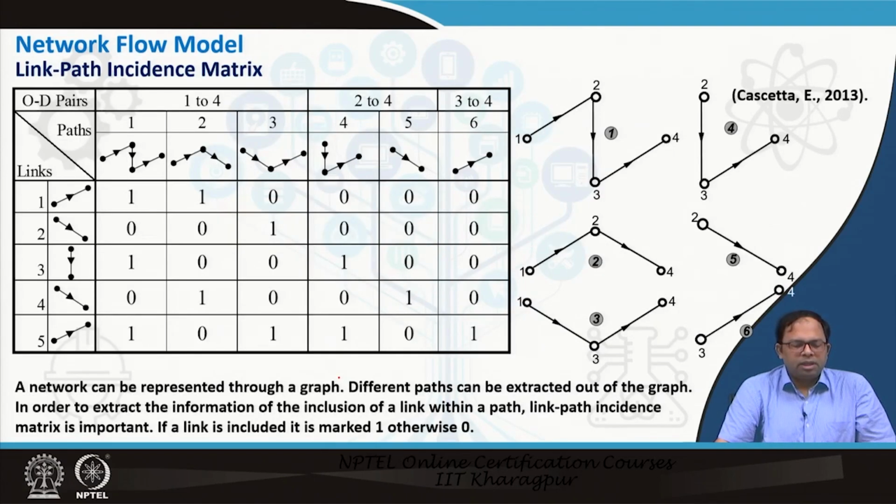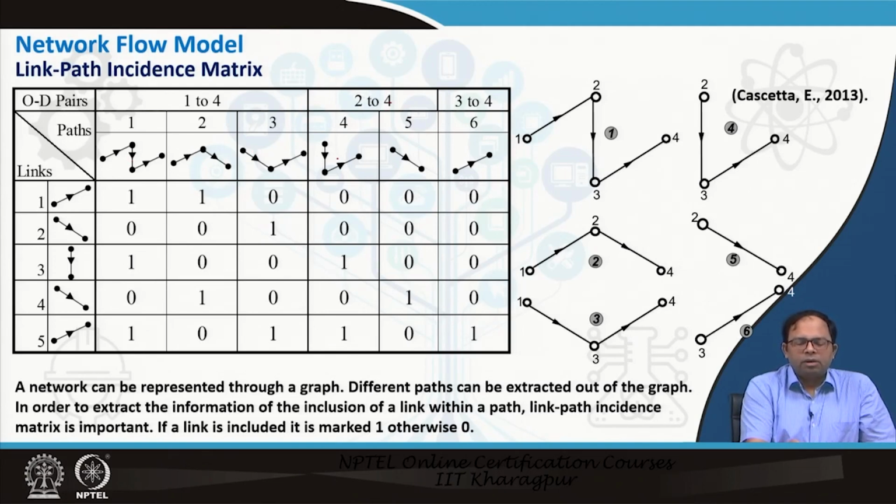Over here you can see the link path incidence matrix. On this side we have got the paths, from the OD pairs. For 1 to 4 there are 3 paths. It starts like this, 1, 2, 3, 4, or it could be 1, 2 and 4, and it could be in this way 1, 3 and 4, and so on. So, these are the 3 ways.